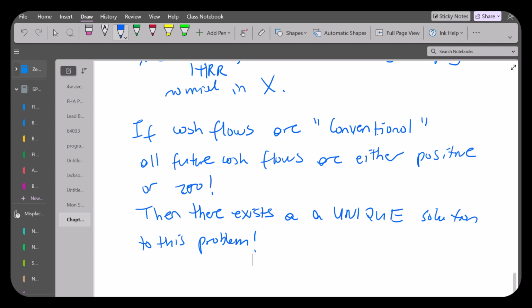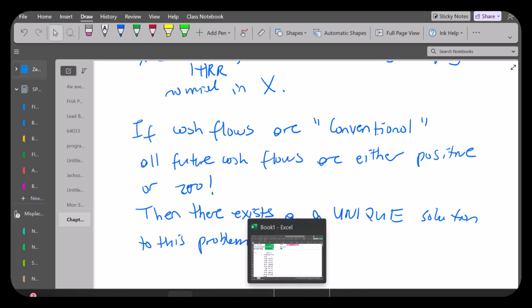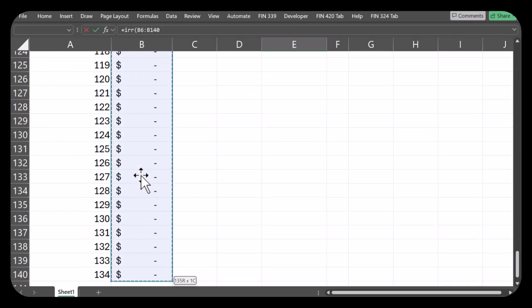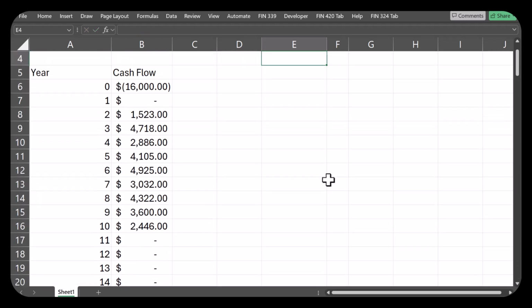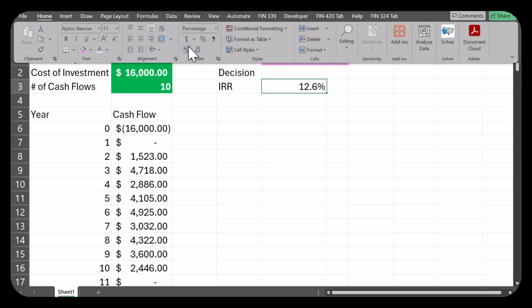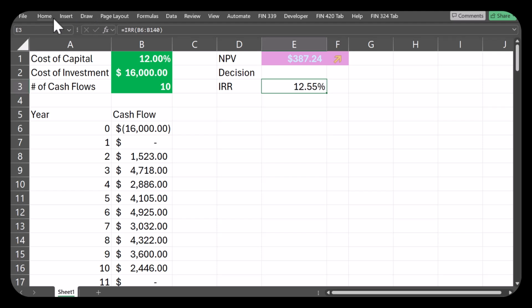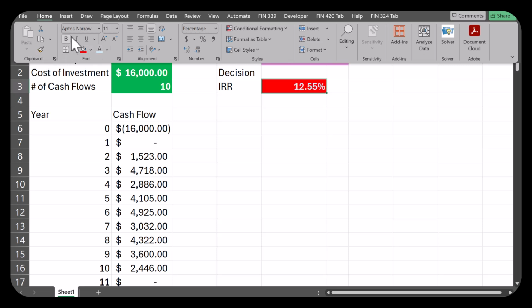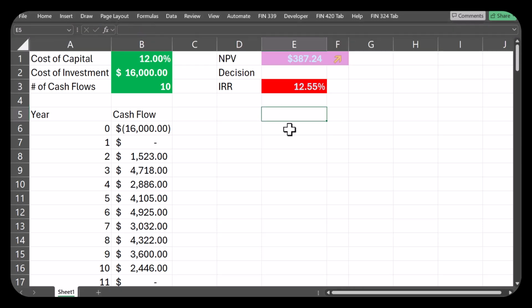And Excel can calculate that using the function IRR, which uses all the cash flows, including the negative initial one. The so-called internal rate of return of this project, as the numbers are here, is 12.55%.